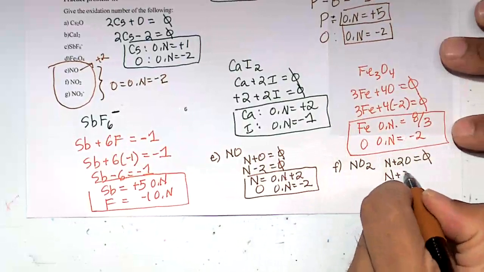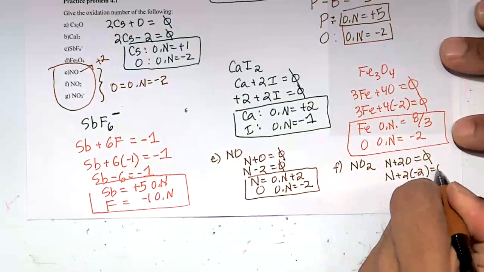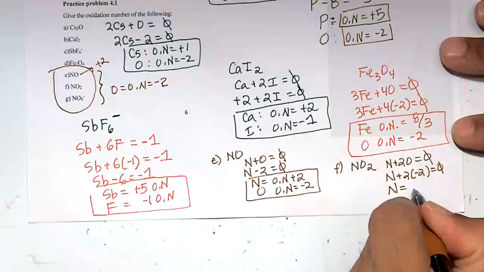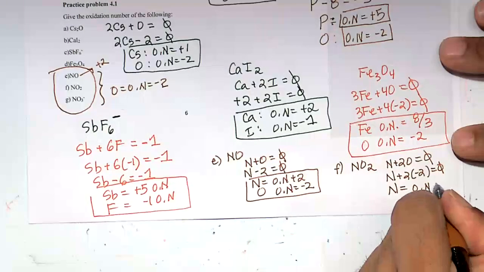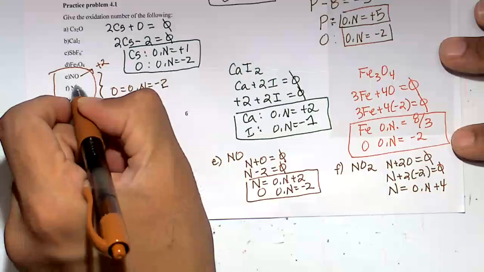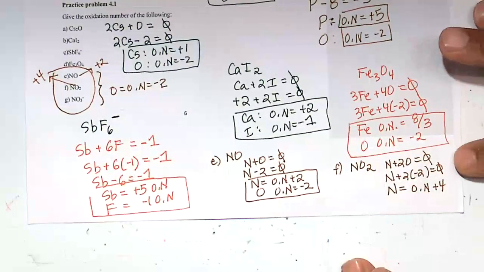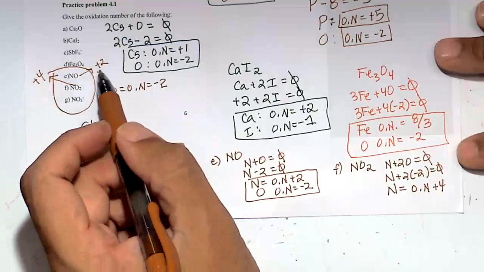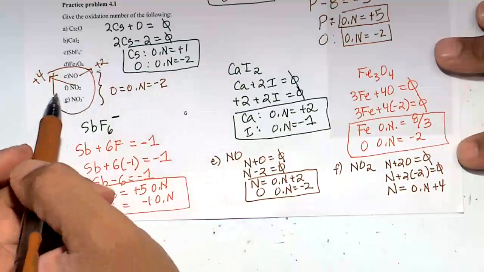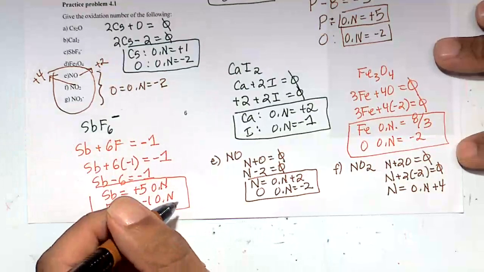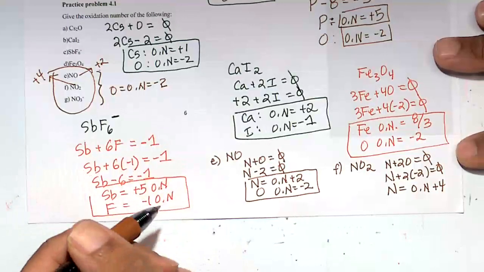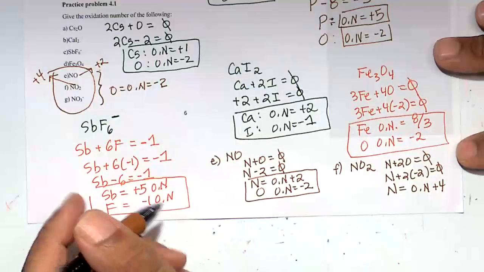Okay, -2, but we have 2 of those. So here, nitrogen will have an oxidation number of plus 4. So in forming nitrogen monoxide, it will take a plus 2 oxidation number. NO2, it will take a plus 4 oxidation number. And then finally, what will it take in nitrate?